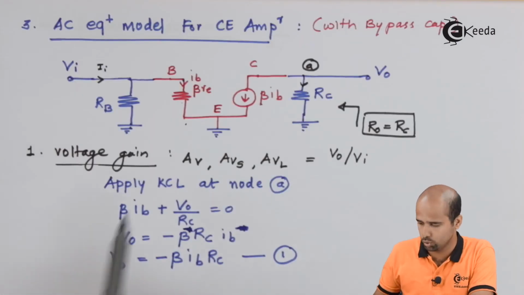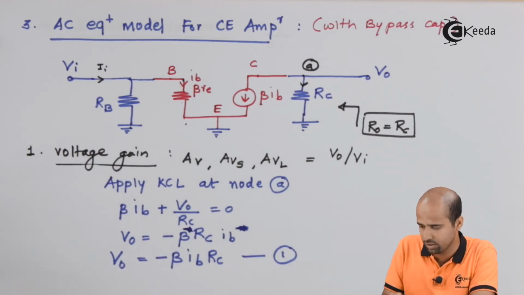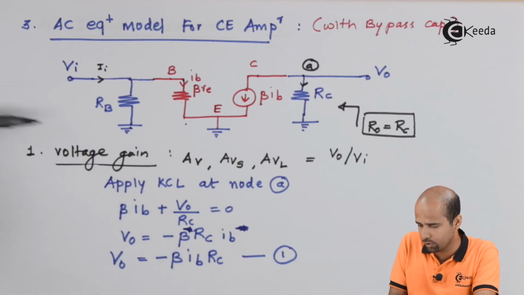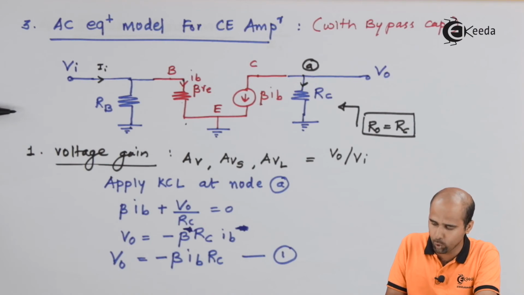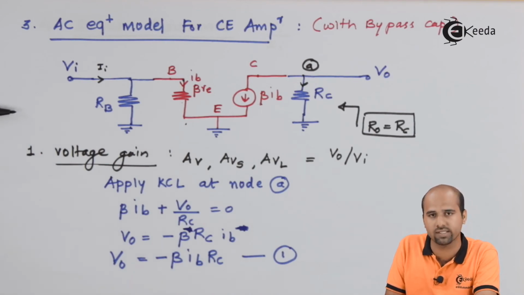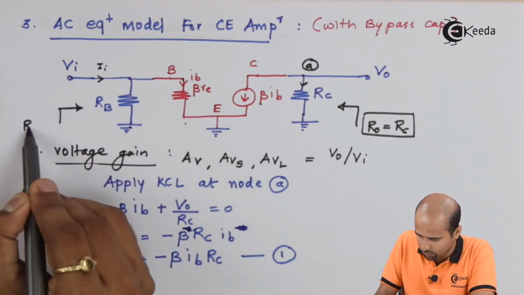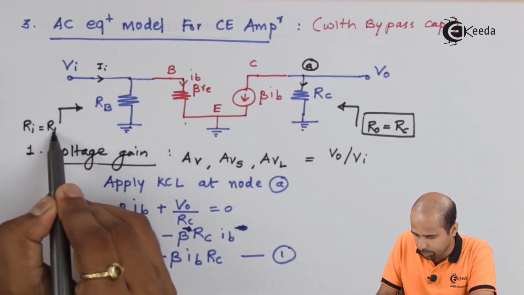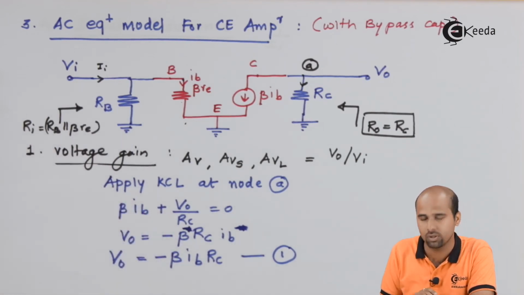If you go through this particular model, now I want it from the input side. From the input side, here your Ii is kept and you are getting only two resistances connected in parallel, and that will be your equivalent resistance from the input side. So when we look from the input side, we will be getting the value of Ri as Rb parallel beta re, right?